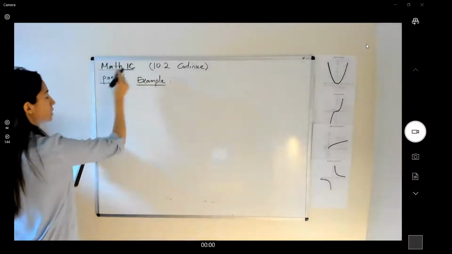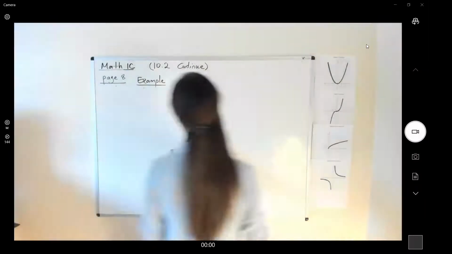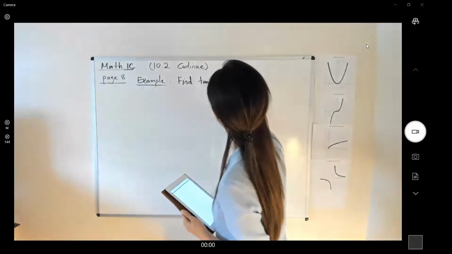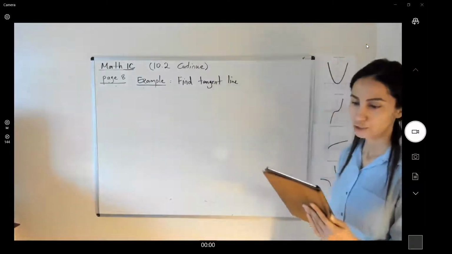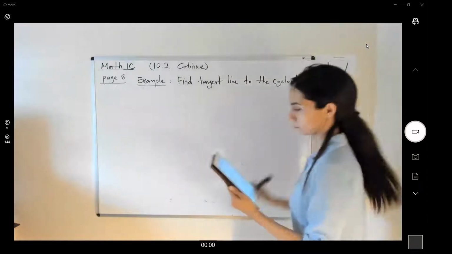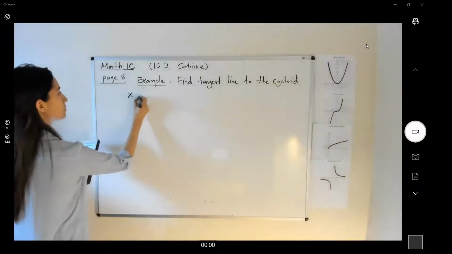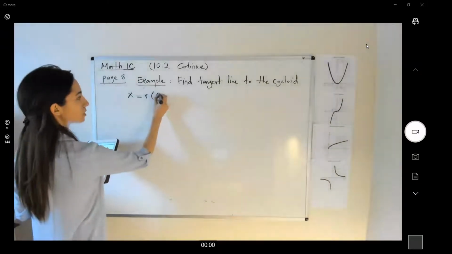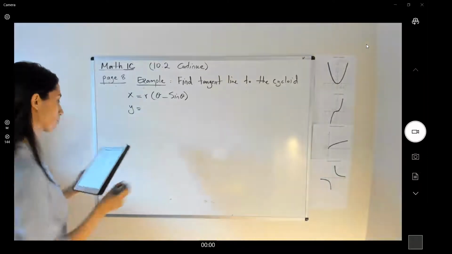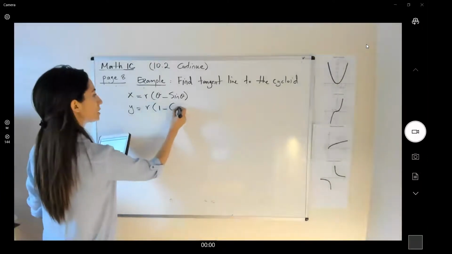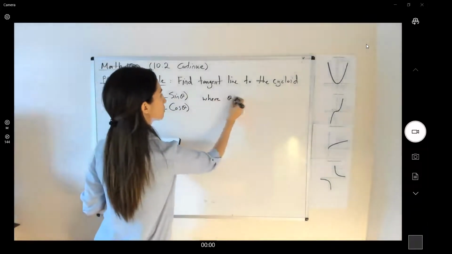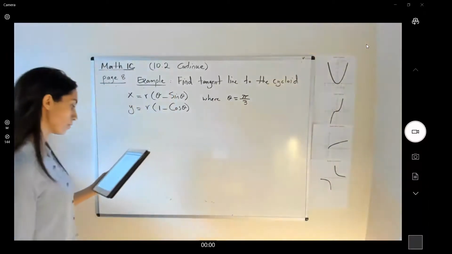This example says, find the tangent line to the cycloid, which is defined as x equals r times (theta minus sine theta), and y equals r times (1 minus cosine theta), where theta is equal to pi over 3.